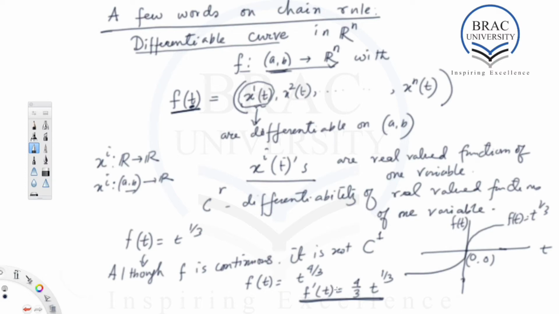So the first derivative is continuous, but it is not a differentiable function, meaning that f(t) equal to t^(4/3) is C^1 but not C^2. You can go on forever like this, creating new functions and studying C^r differentiability for real valued functions of one variable.